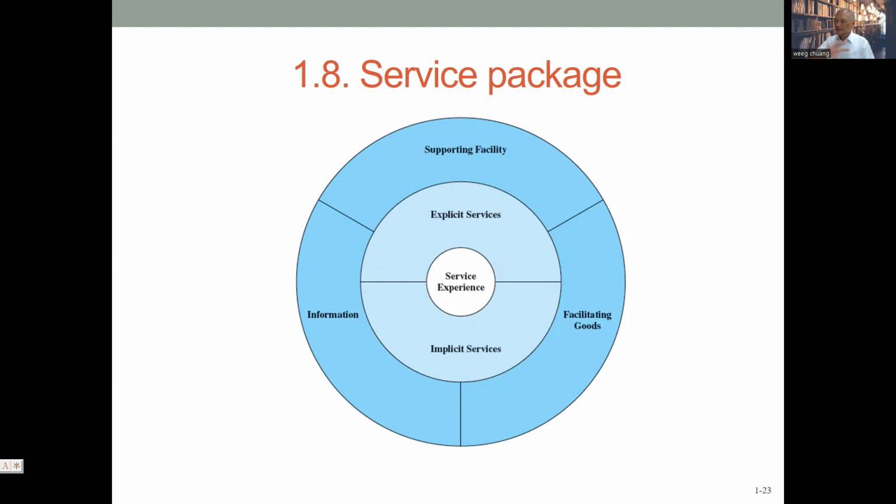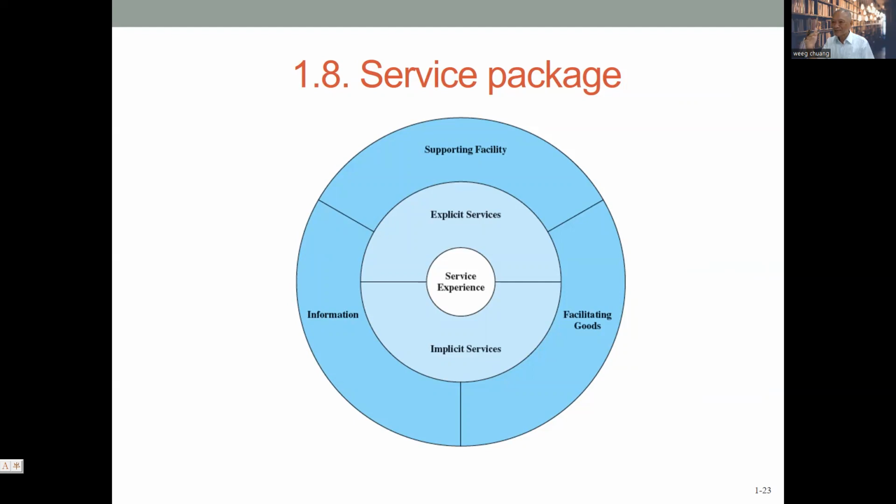So service is a big system. In this big system, there are several subsystems. Let's look at this picture. For the service, service appearance is the focal point, the final outcome of the service provided.